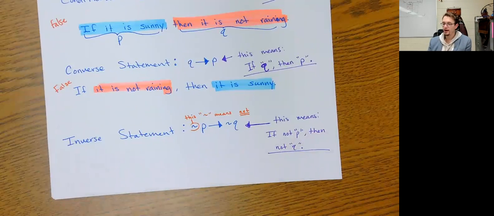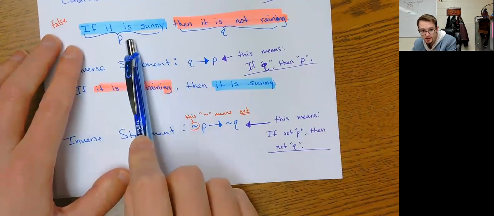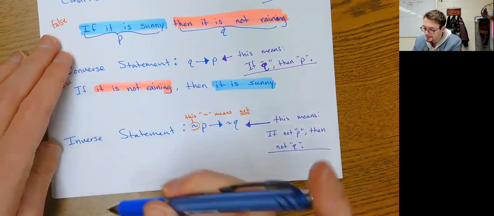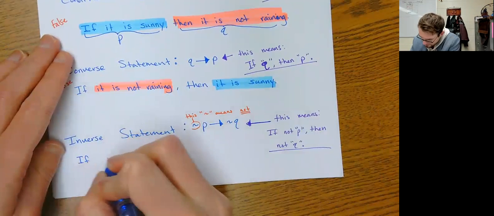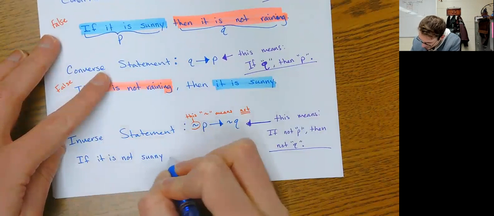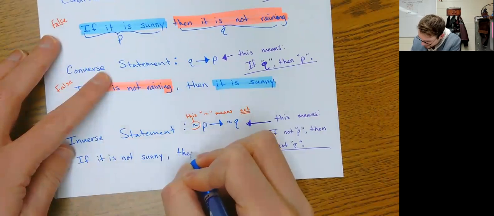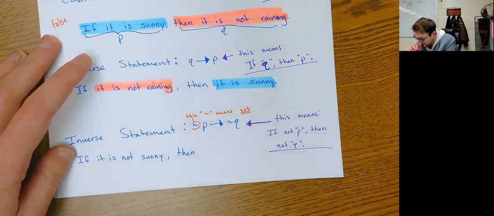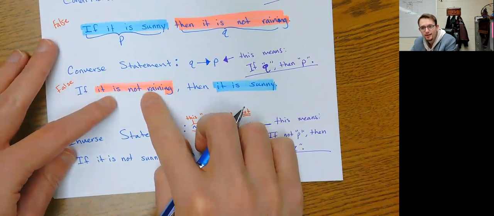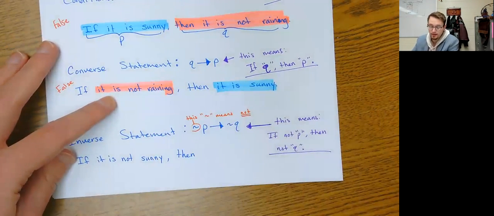You kind of, I don't want to say you just throw nots into it, because grammatically that sometimes doesn't work. But we're going to use this original P, not P. So if it is not sunny, then, see, now this is where throwing nots into it doesn't necessarily work. Q says it's not raining. Well, what's not raining? Raining.